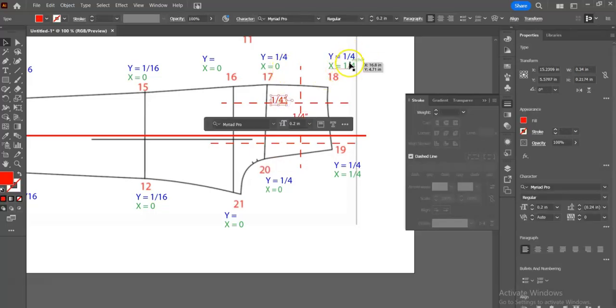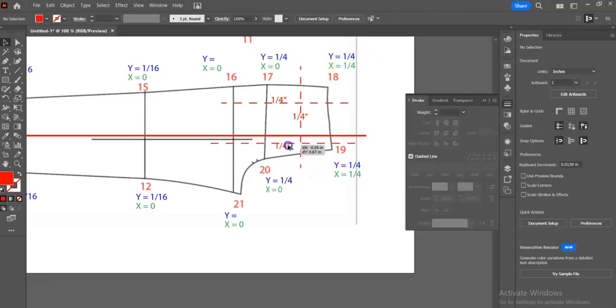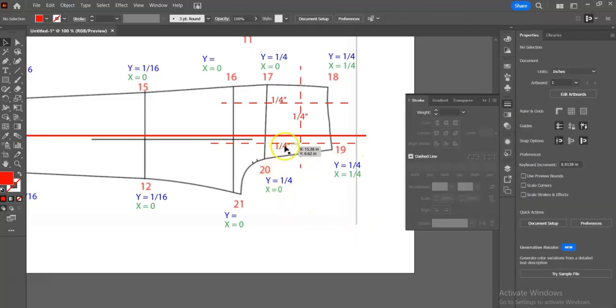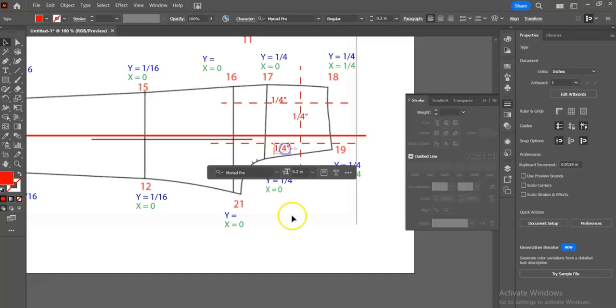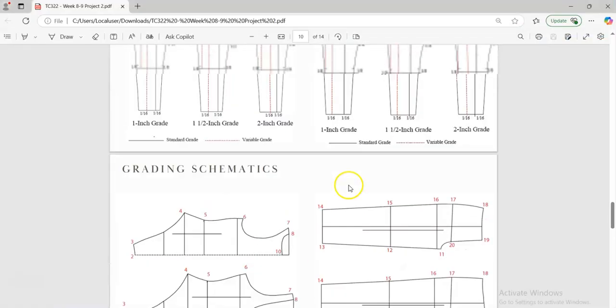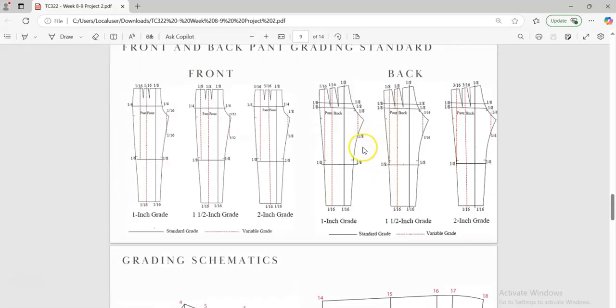Okay, that's how we got these quarters here, and that's how we got this quarter here at waist and hip. Okay, so in addition to that, if you look at traditional slash lines for pants, we have this extra slash line that grows and shrinks our crotch extension.